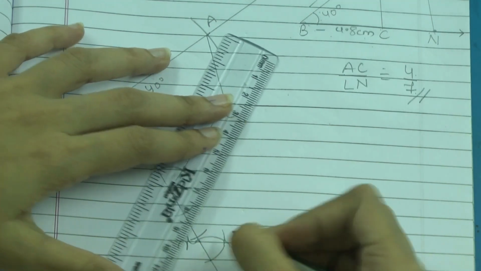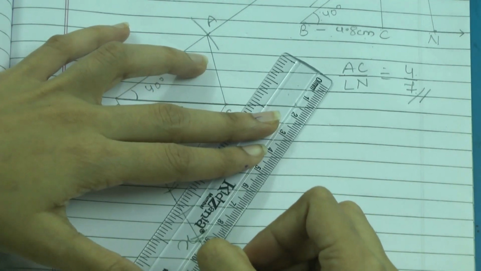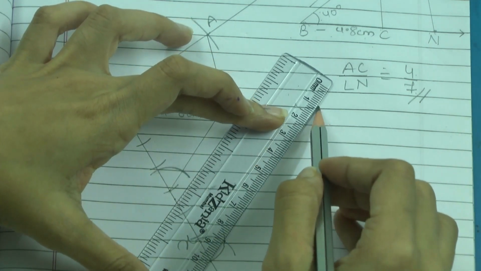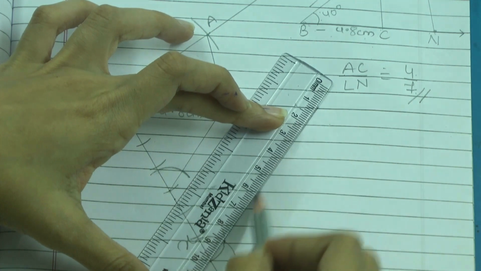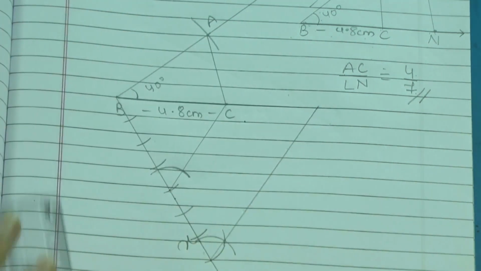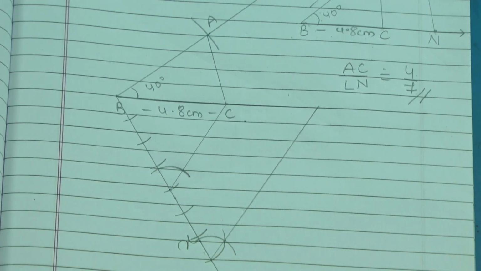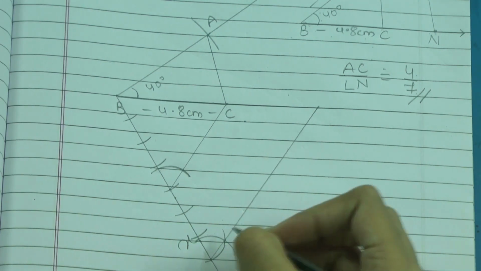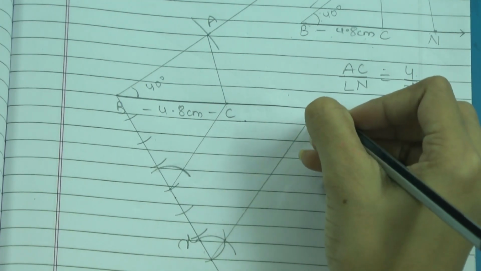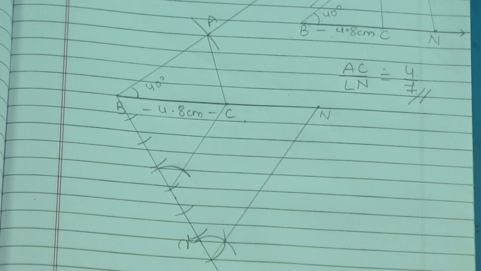And join them and extend the line up to BC. So we got a line, let us label it as XN. Let us label that point as N. So we got point N.